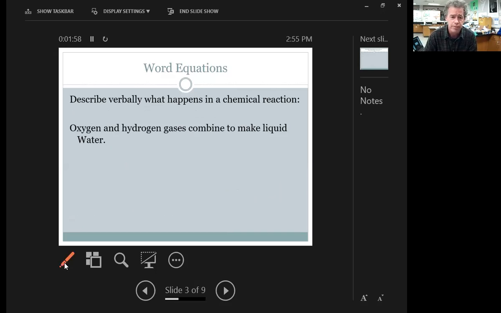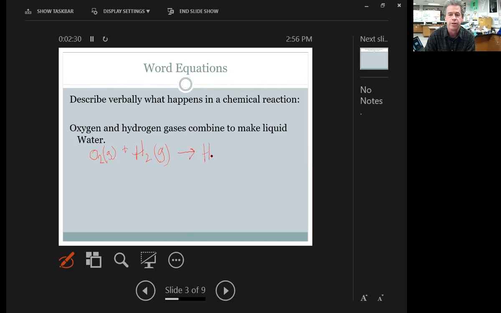Now, what we can do is convert this into more of a formula approach. And we can say, well, oxygen and hydrogen are both Brinkelhof gases. So we can say O2, because there's two of them, gas, plus H2 gas, combined to make, that's the reaction, so we put an arrow, and then liquid water.